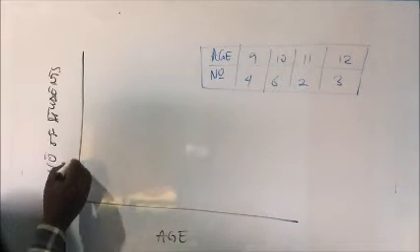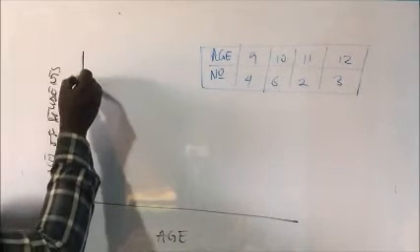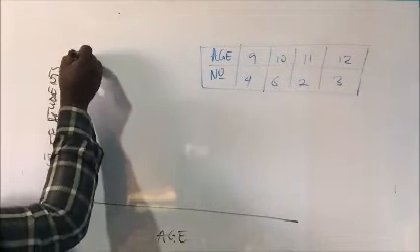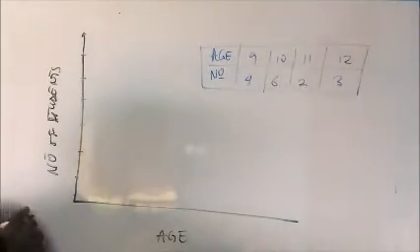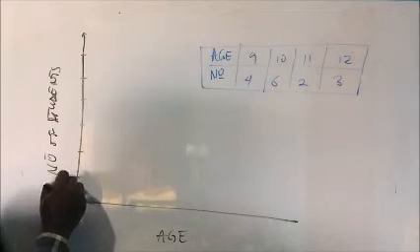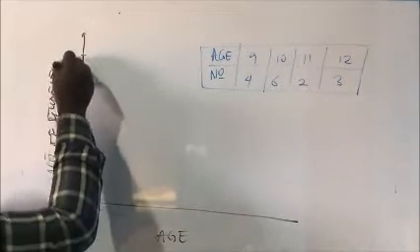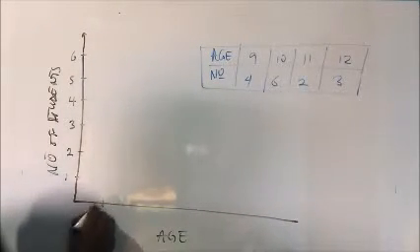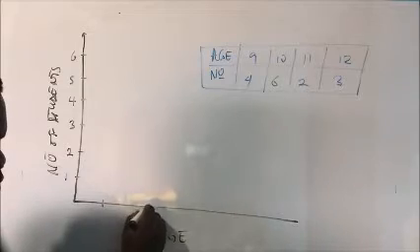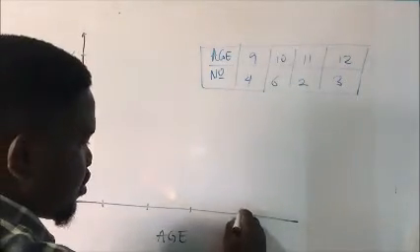So I have here 1, 2, 3, 4, 5, 6, it goes on and on. Then when I come here, I have 1, 2, 3, 4.